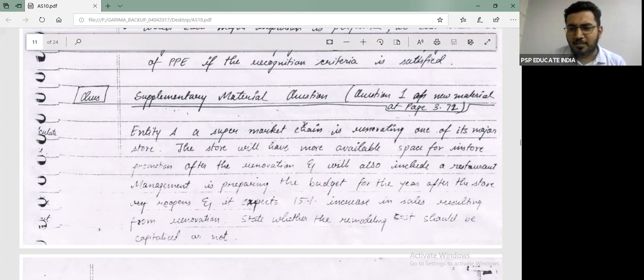Management is preparing the budget for the year after the store reopens, and it expects 15% increase in sales resulting from the renovation. करना क्या है? State whether the remodeling cost should be capitalized or not. So you have to answer in this question whether the remodeling cost or the renovation cost in this case should be capitalized or should be charged to the profit and loss account.